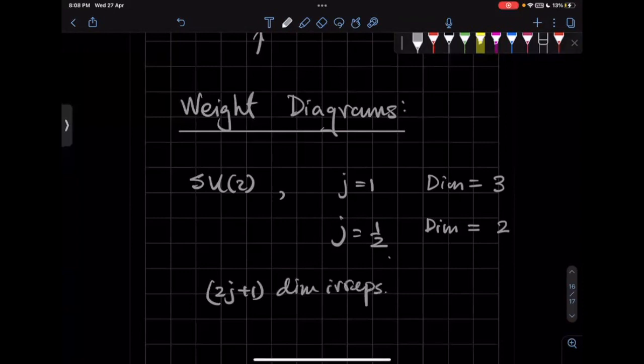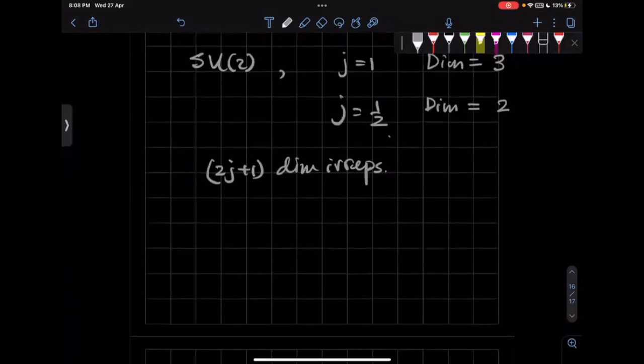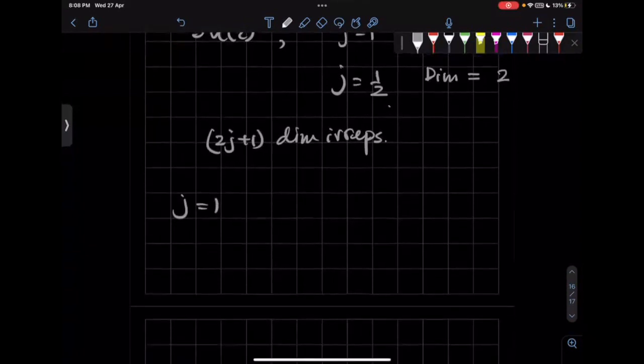Remember? So let's look at J equals to 1. We had 3 states, 3 linearly independent states. One was M equals to 0, one M equals to plus 1, and one M equals to minus 1.